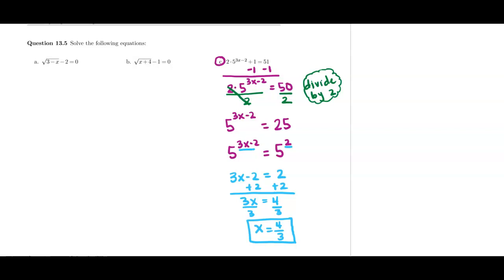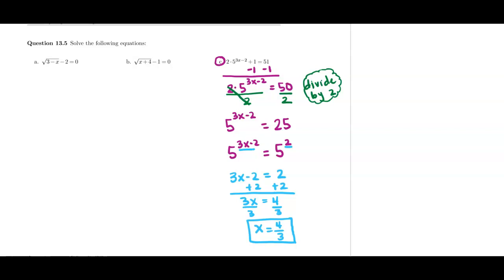Yeah. Okay, because they were like bases. If we had a 5 as a base over here and we had an 8 as a base over here, then we wouldn't be able to do that. But when we have like bases, yep, we just get rid of them and then all we have left are those exponents. Perfect. Thank you. Okay, yeah.